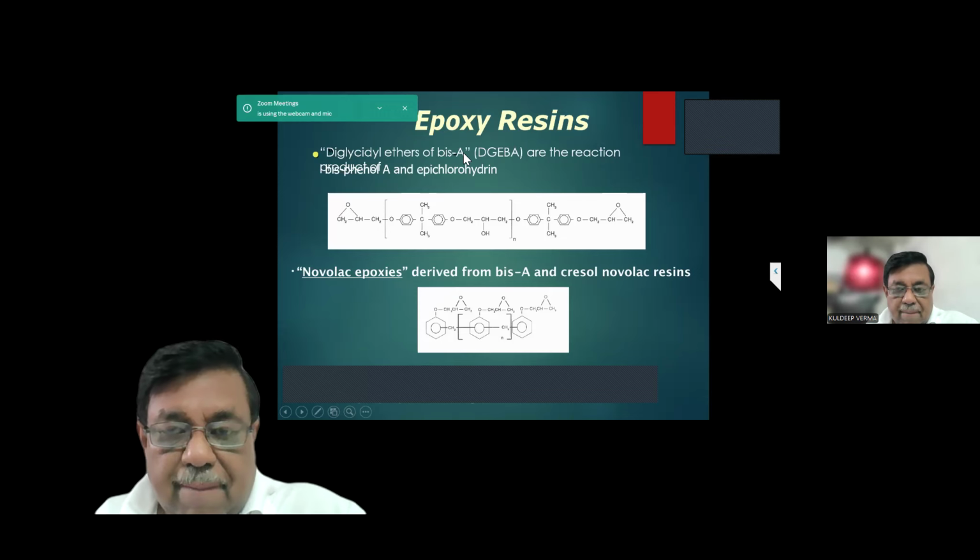For the epoxy resin, there are 2 types of epoxy. For general purpose, the epoxy resin made from bisphenol A and epichlorohydrin is used, and novolac epoxy derived from bisphenol A and cresol novolac resin. This is for rebar, pipe coating, can coating, and architectural paint.